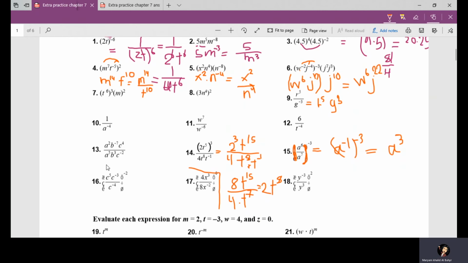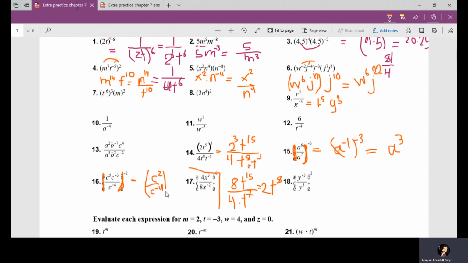So for this one, you don't need to worry. It's just parentheses here. Instead of all this, it's just parentheses. So here you have all of them the same base. So let's do the denominator. So we have in the denominator c to the power 5, c to the power negative 3, which is c to the power 2 over c to the power negative 4.